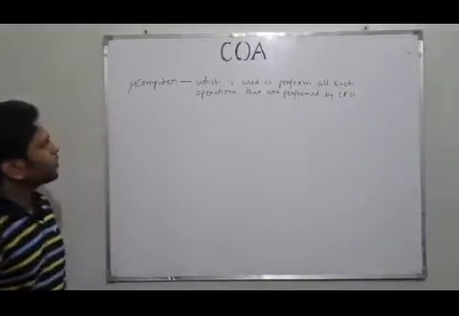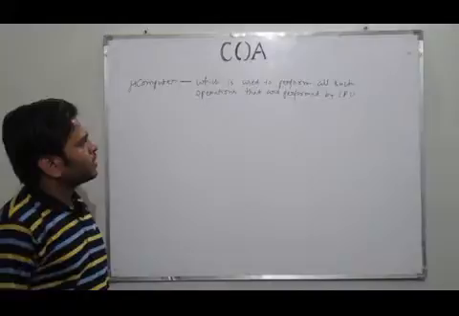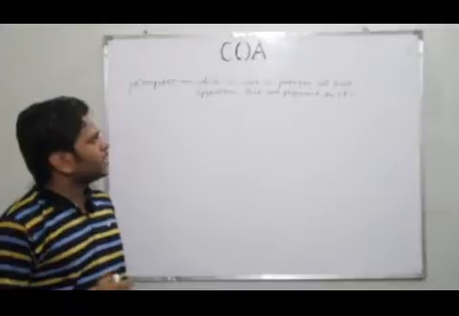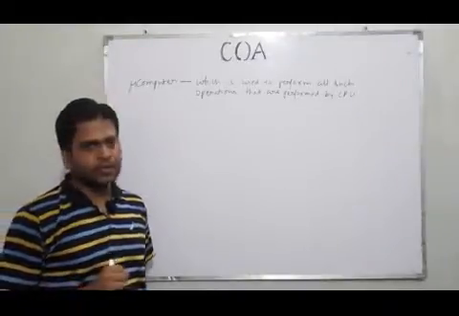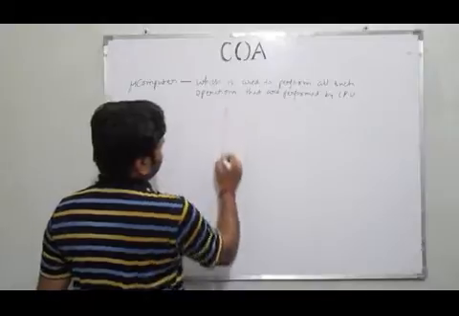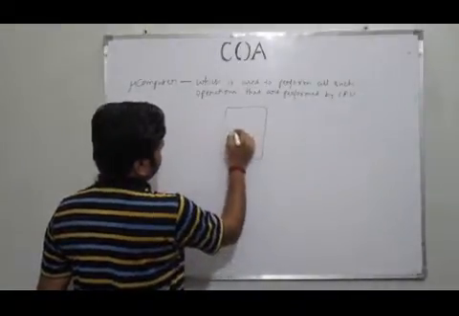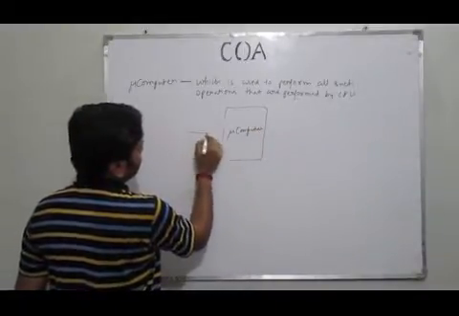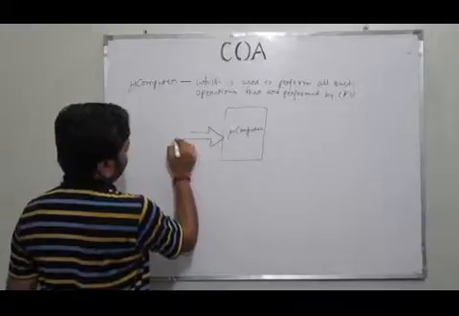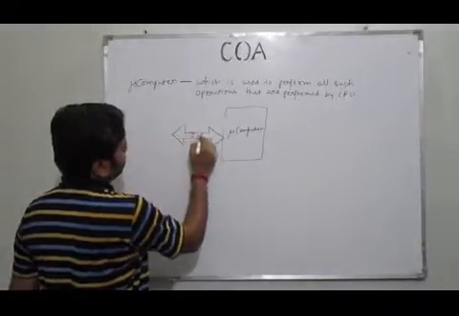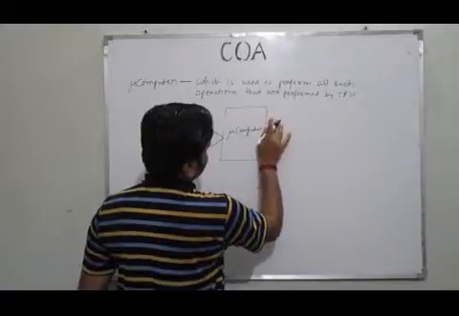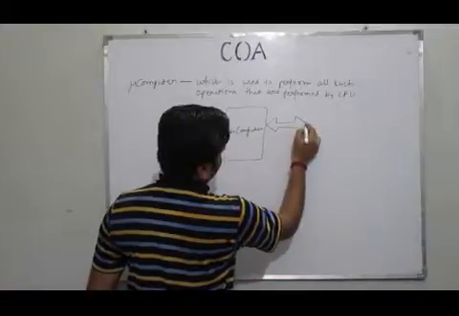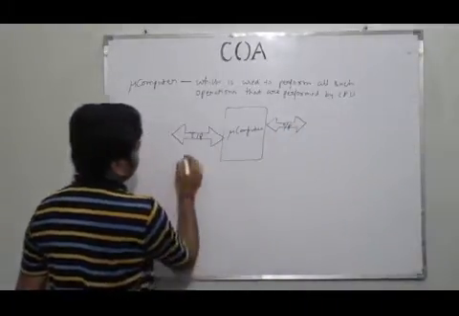So a microcomputer is a device which takes on all the operations on its behalf that are performed by the CPU. And a microcomputer basically has an input device, output device, and main memory.